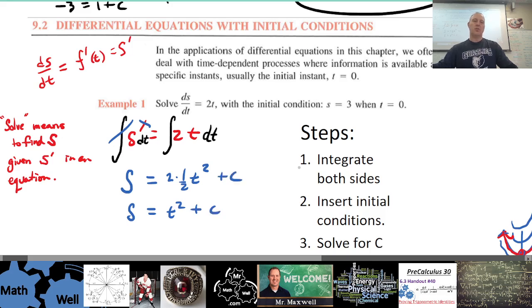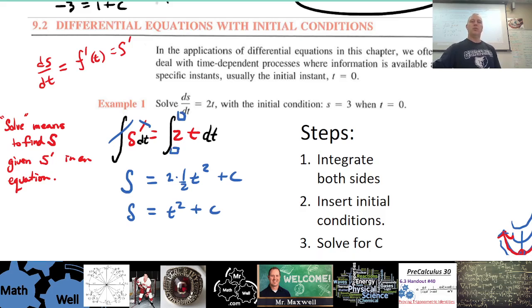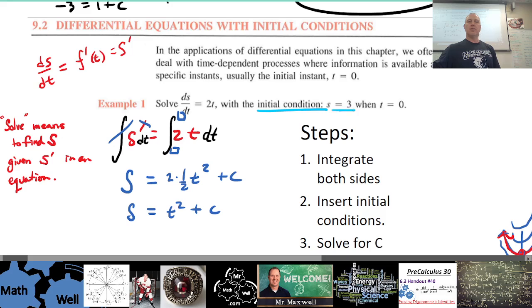And please remember your plus c at this point. So this is where we would stop if we just had a general antiderivative with no limits of integration, right? If there's no numbers here, this is normally where we would stop. But because we do have initial conditions given of s equals 3 and t equals 0, we can then find out what c is by simply plugging those values in.